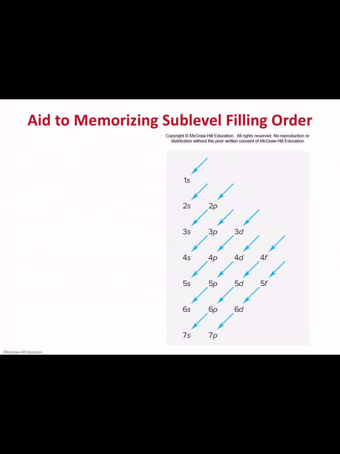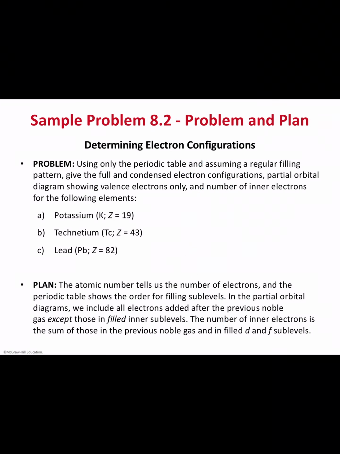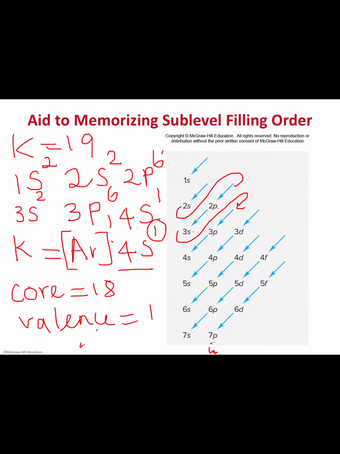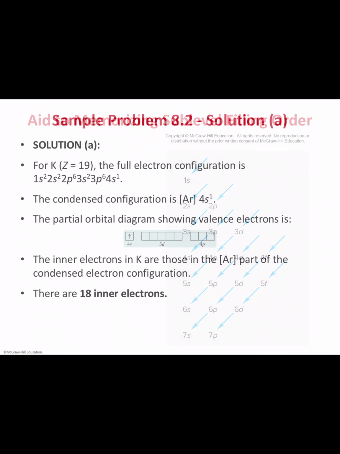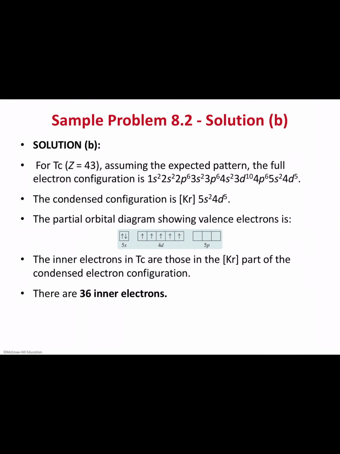Okay, and similarly the next one is going to be technetium. Technetium, atomic number 43. So now we need to fill up to 43. Again we're going to follow the same procedure like we did. Try to do it yourself by looking at the diagram.